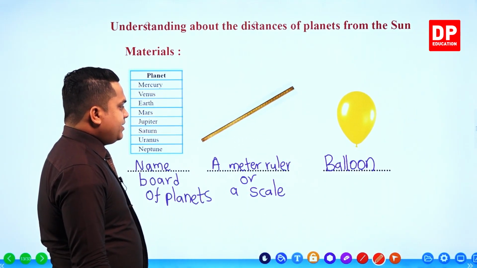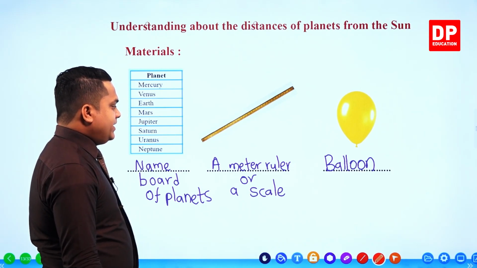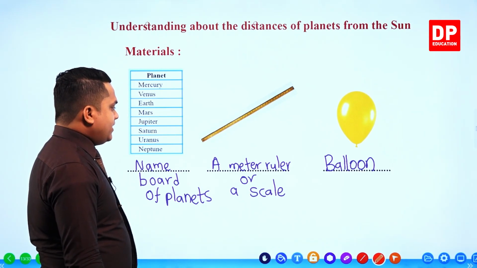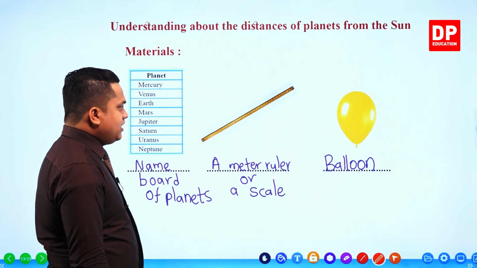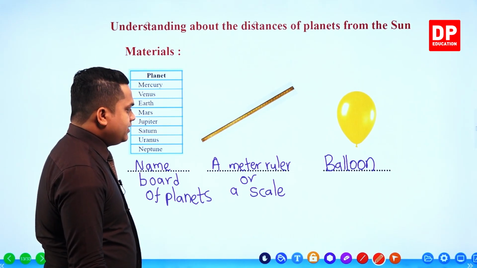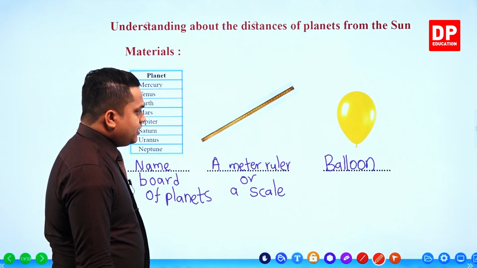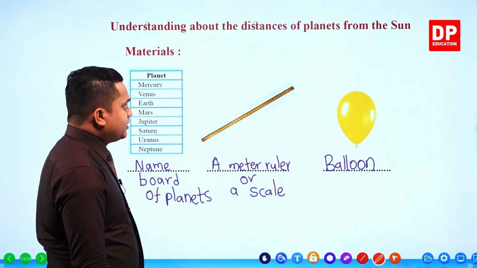So it's really simple, my dear children. These are the materials you will be needing: name boards of planets, a meter ruler or a suitable scale, and balloons.